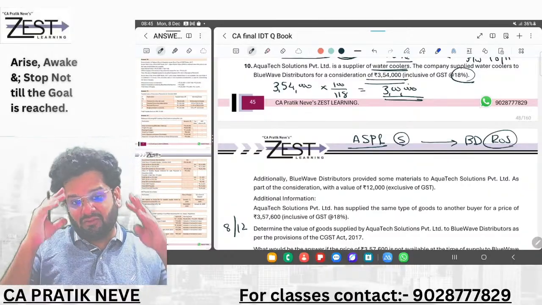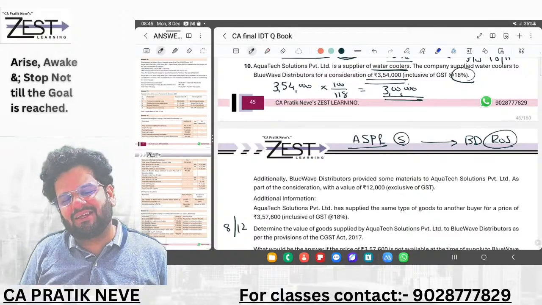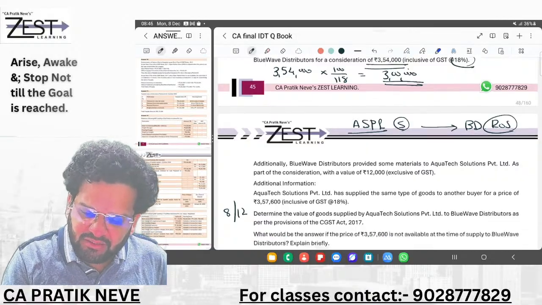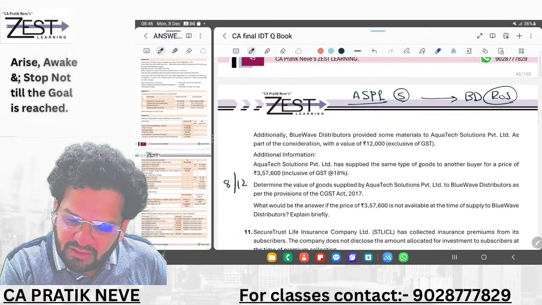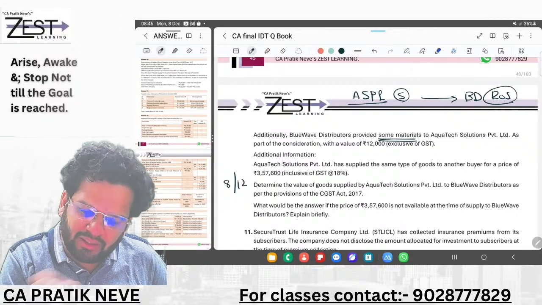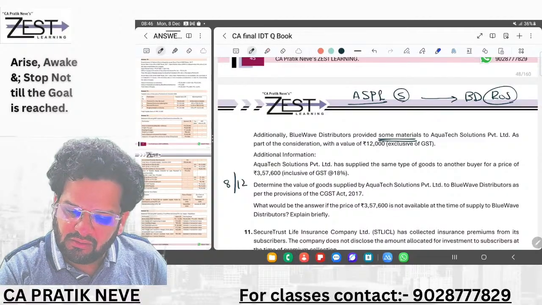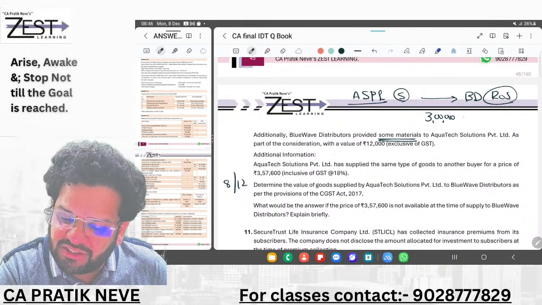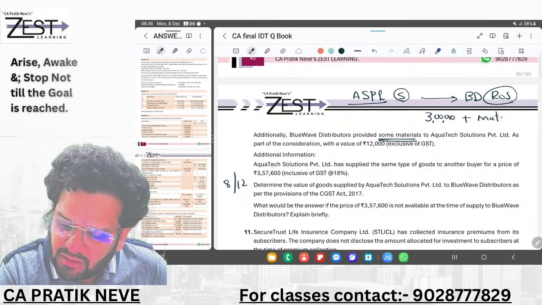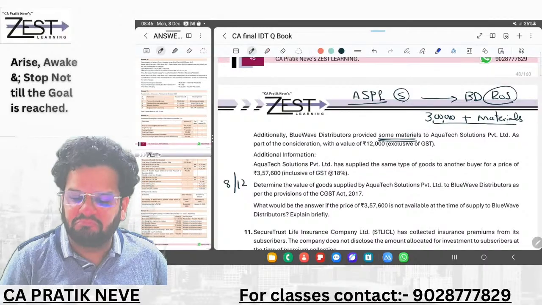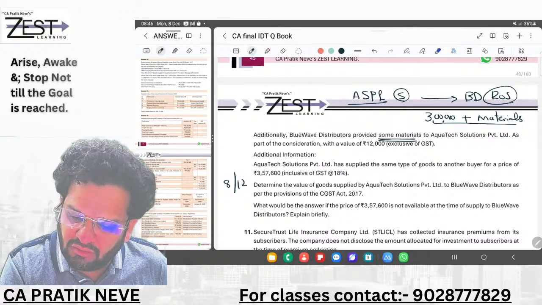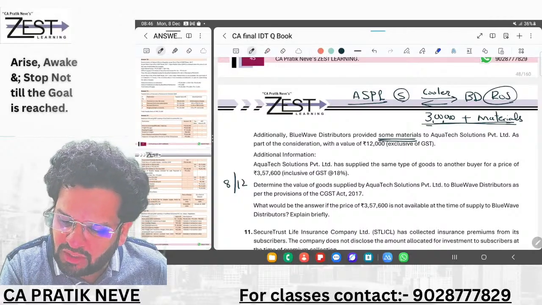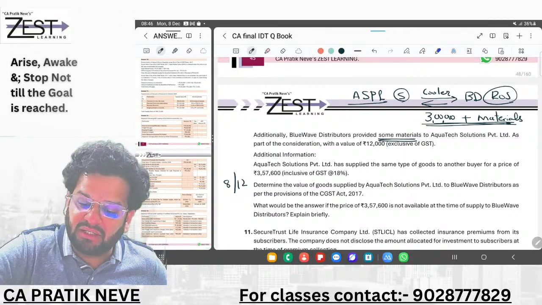See, main is this visualization. If you can visualize the things, then you can solve them. Okay. Additionally, Blue Wave Distributors provided some materials to Aquatech Solutions Private Limited. So basically 3 lakh rupees is not sole consideration, because the consideration paid for the cooler is 3 lakh plus material.